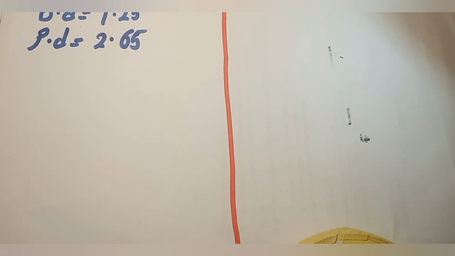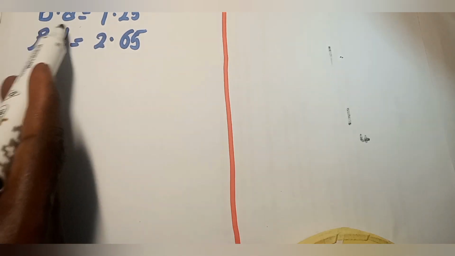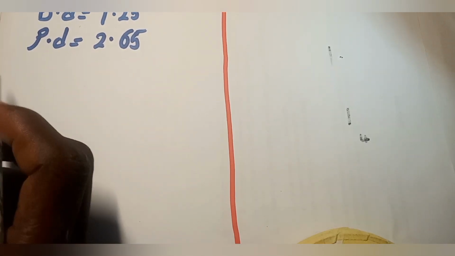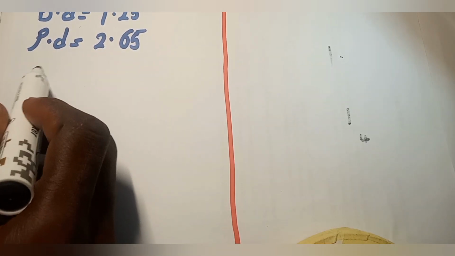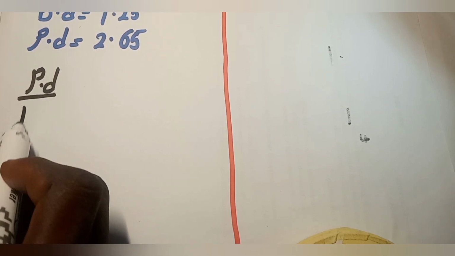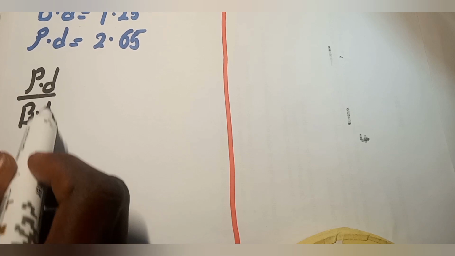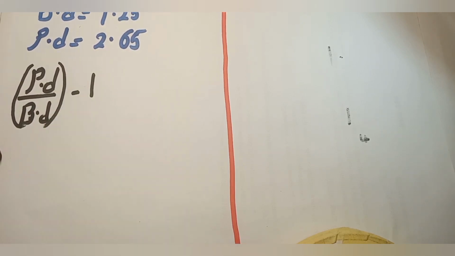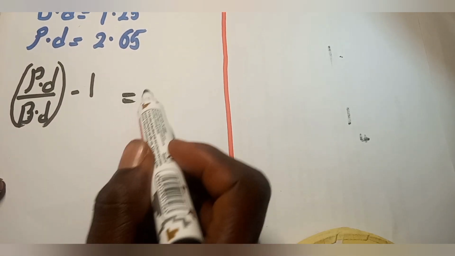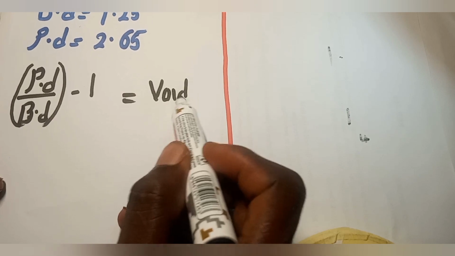The formula for the void space, I have my particle density here. The formula for the void space is the particle density over the bulk density, BD, minus 1. This is the formula for the void space.